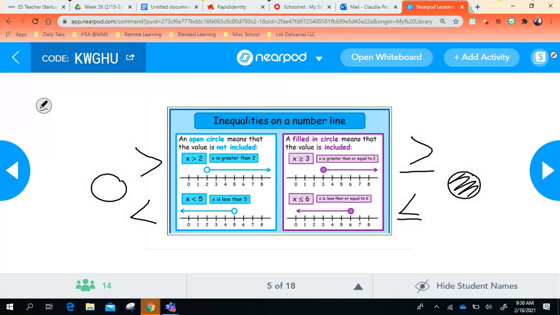So I'm not going to include the number, which is why I do an open circle. If I said Santiago has more strawberries or the same amount of strawberries as me, which would mean greater than or equal to, does that mean she could have the same strawberries as me? Yes, which is why I do a closed circle, because it's possible for her to have the same amount of strawberries as me.